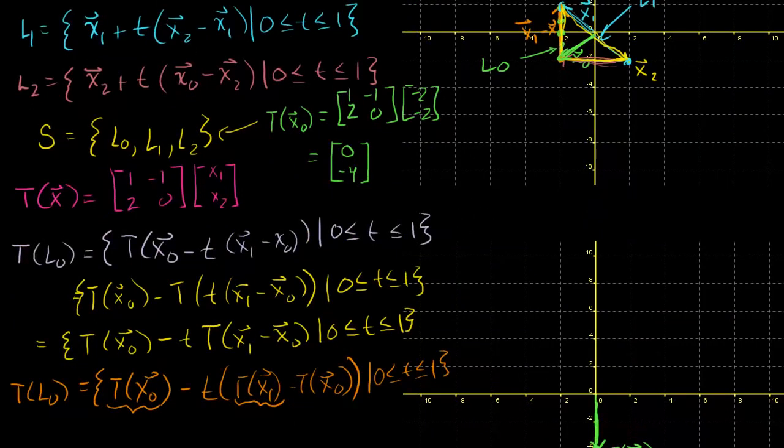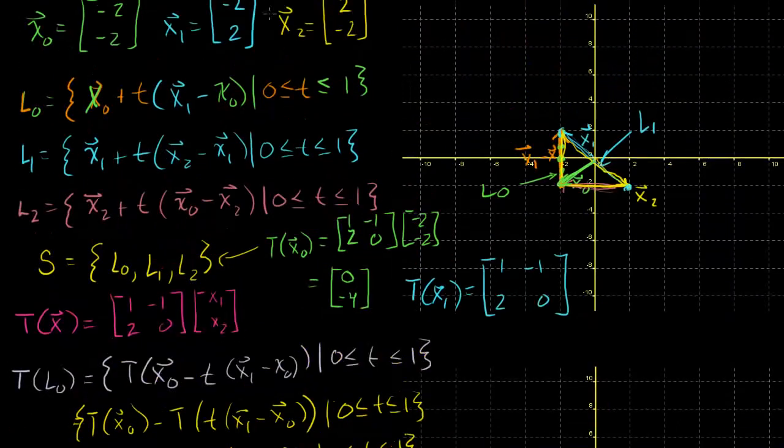Now let me take the transformation of the other guys. The transformation of x1 is equal to 1, 2, minus 1, 0, times minus 2, 2. So what is this equal to? This is equal to 1 times minus 2 plus minus 1 times 2. So that's minus 4.